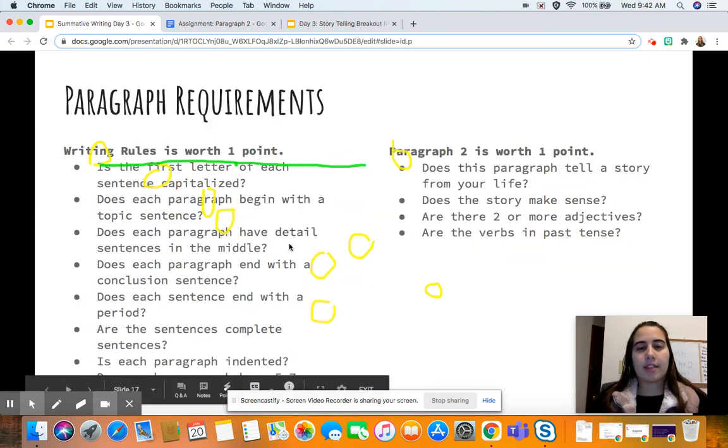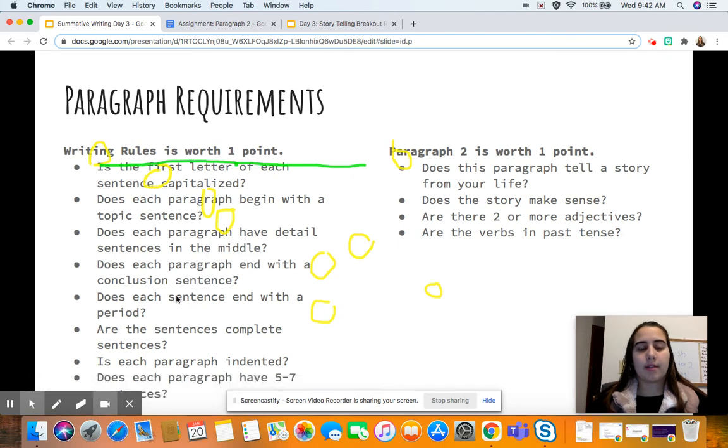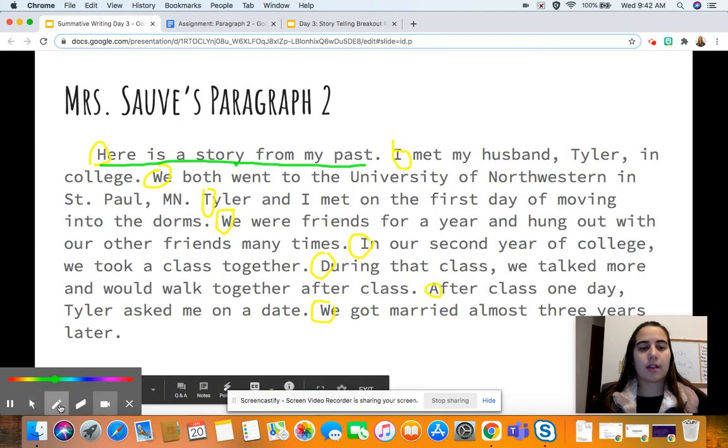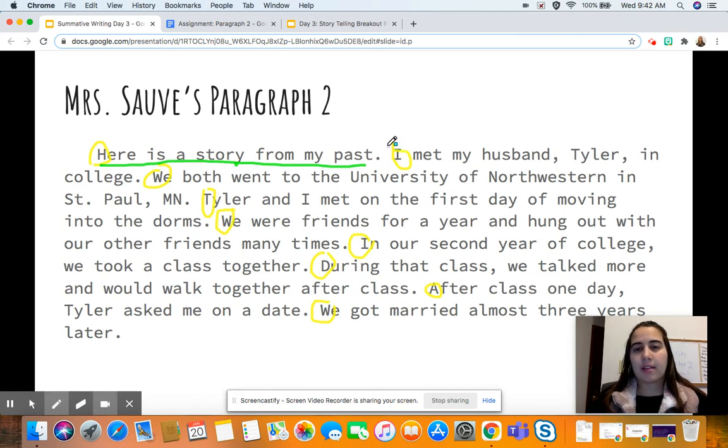And then does it have detailed sentences in the middle, and does it end with a conclusion? So let's look at those two next. There are lots of detailed sentences, right? Everything in the middle here, from here all the way to here, are all detailed sentences. Something that I didn't do that I should go back and change is I don't really have a conclusion sentence.